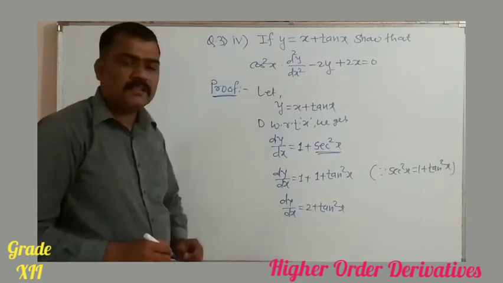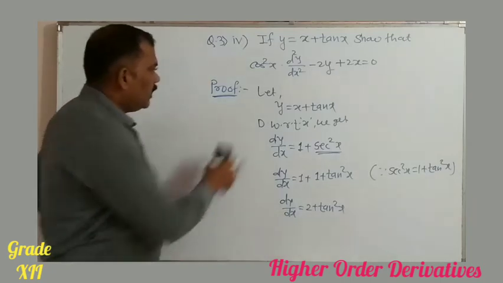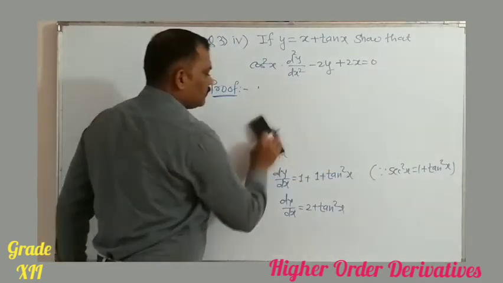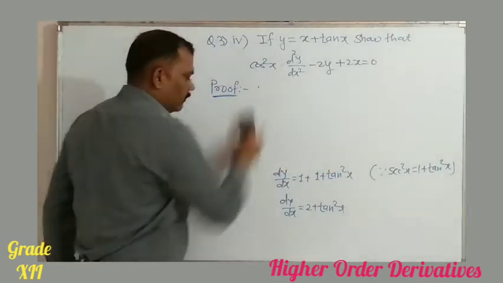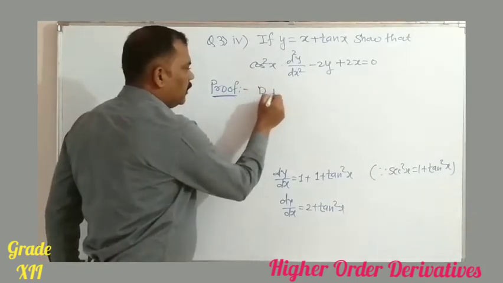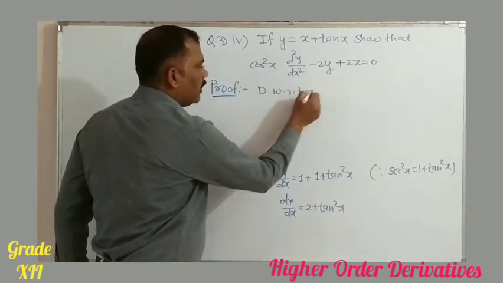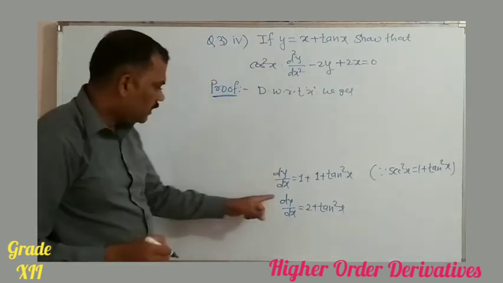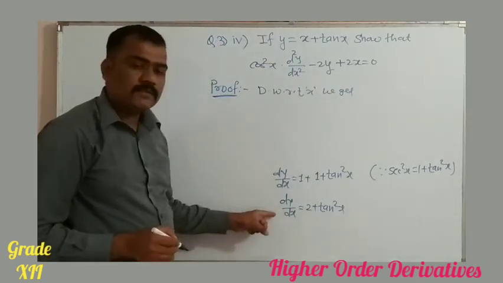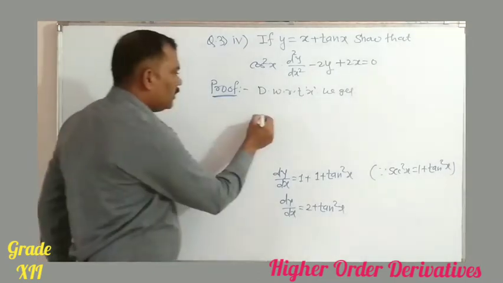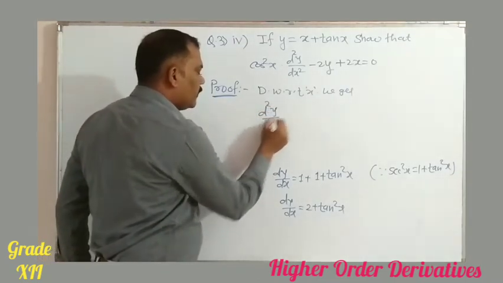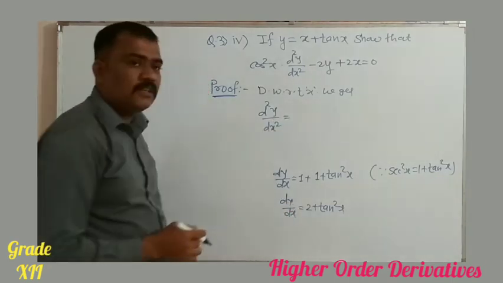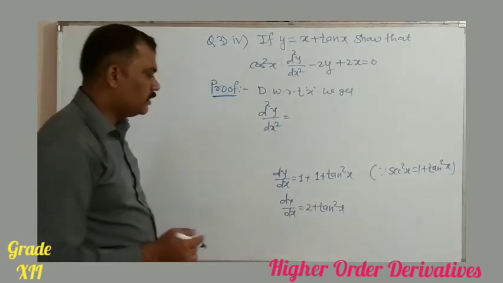Now we have to differentiate a second time, so again we differentiate with respect to x. The derivative of dy by dx is d2y by dx square is equal to 2 is a constant, so its derivative is 0.